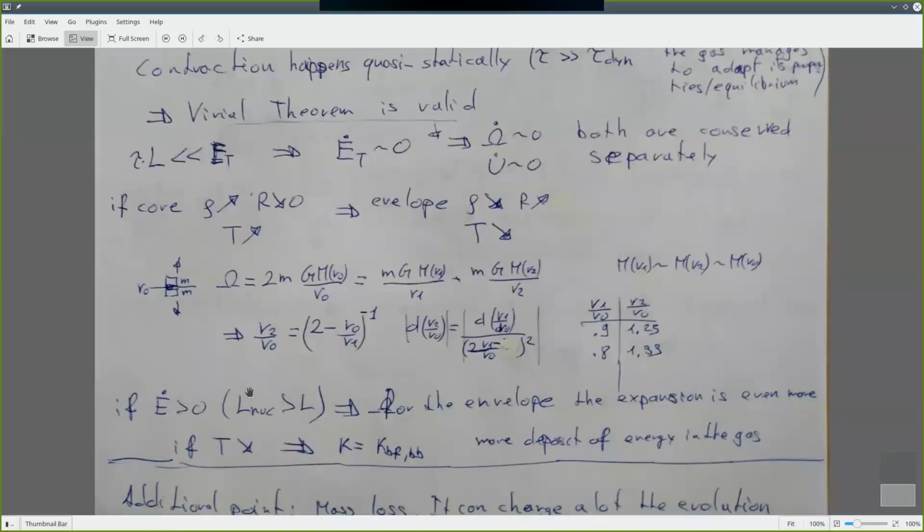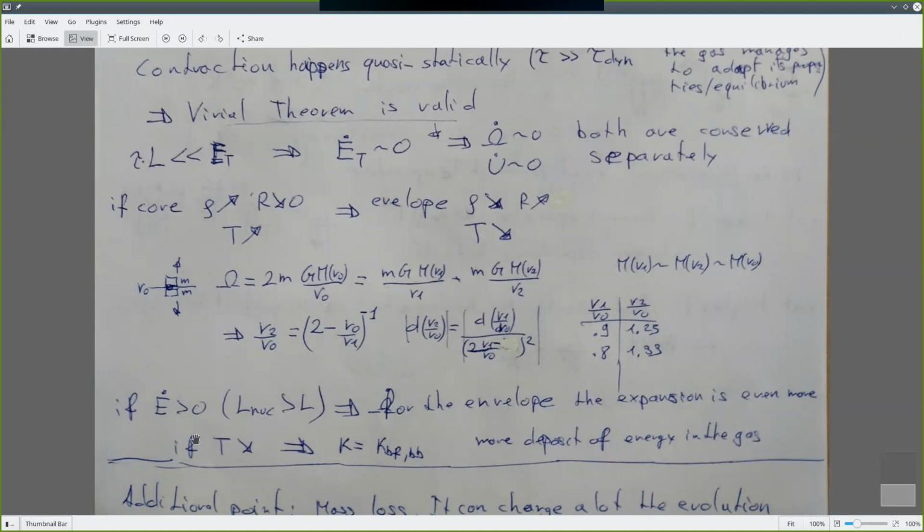Then, actually, usually the nuclear luminosity internal can be higher than the luminosity outside. So the internal energy can increase. So the envelope expansion is even stronger.